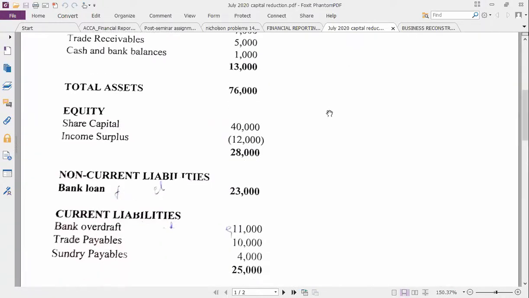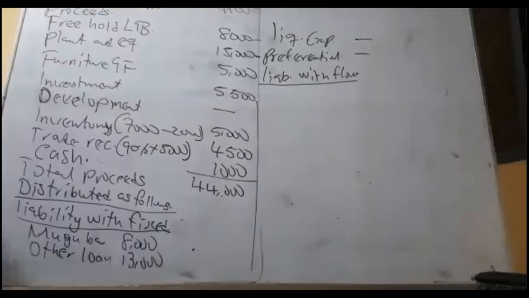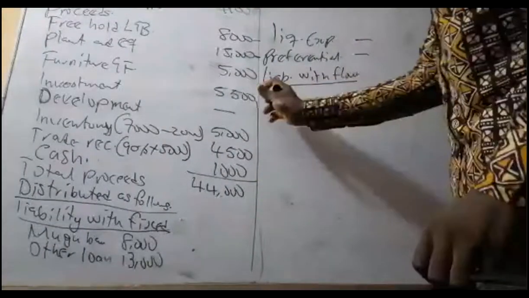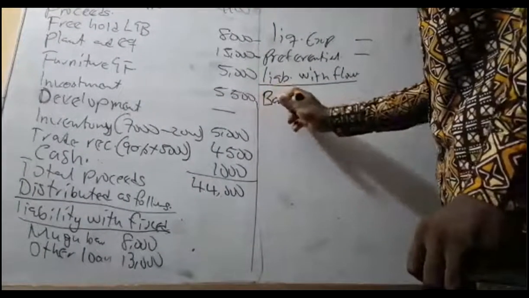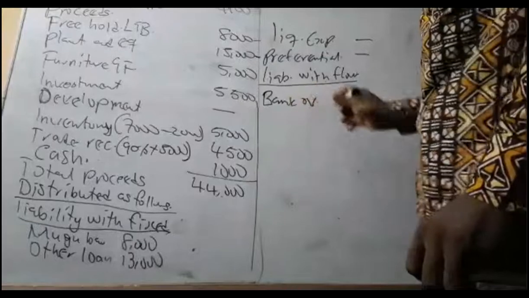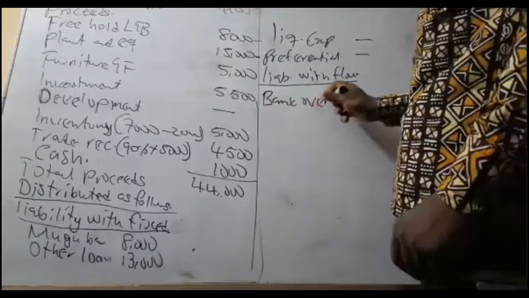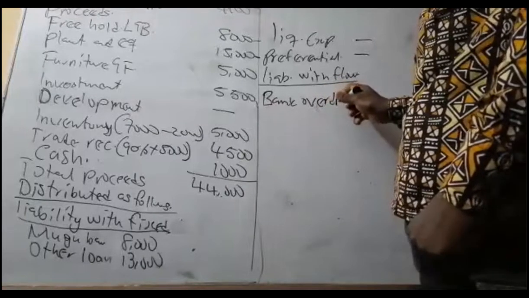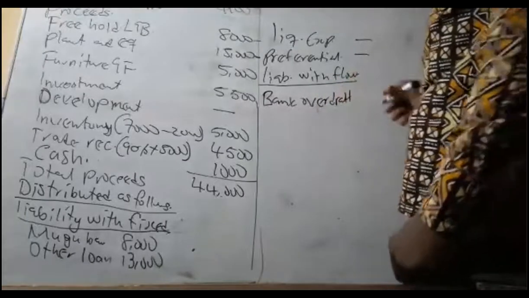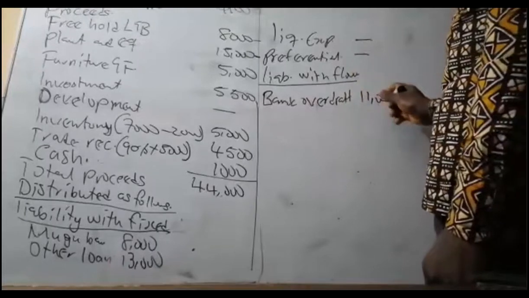The bank overdraft is 11,000. Perfect. So here I write the bank overdraft. It's 11,000, so I'll bring it here.